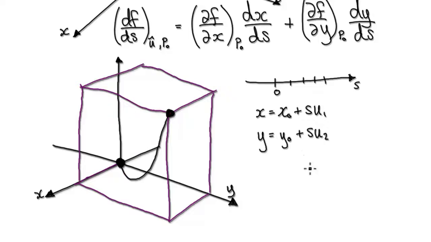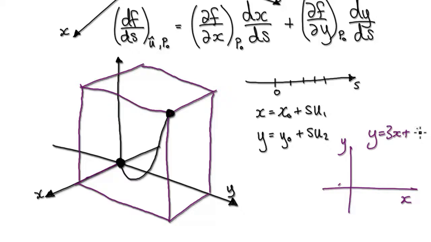Also I need you to understand that back in high school, this is two-dimensional high school maths here, y equals 3x plus c, in our case c is 0. If you know the gradient, let's say you've got a line here, let's say the gradient is 3, so dy dx equals 3.